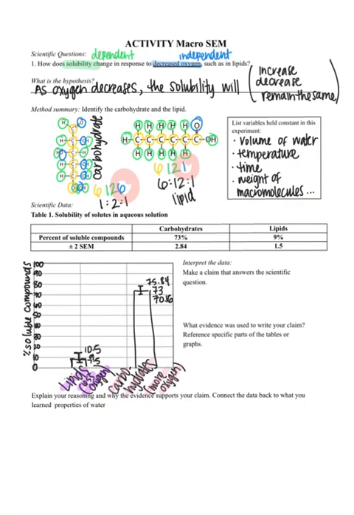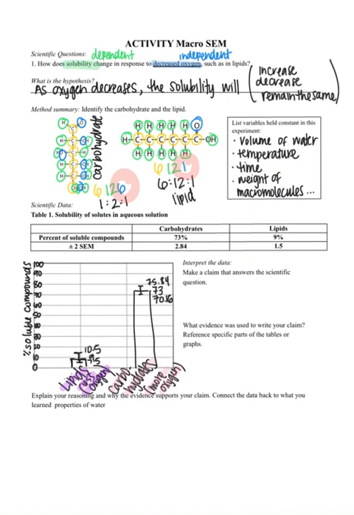As we've discussed in previous SEM bar activities and lessons, whenever the SEM bars do not overlap like they do in this picture, then we know that there is a statistically significant difference. You can see that carbohydrates have a higher percentage of soluble compounds than lipids.